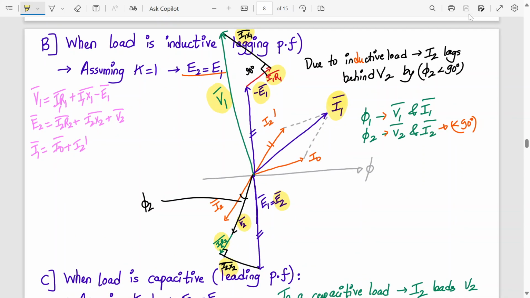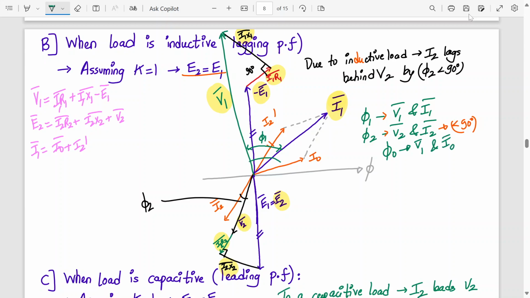So due to inductive load, the current I2 lags behind voltage by an angle less than 90 degrees. So this is phi 2. Where will be phi 1 now? This one, from here to here. Okay, this is phi 1. Where will be phi naught? Phi naught is the angle between V1 and I naught.